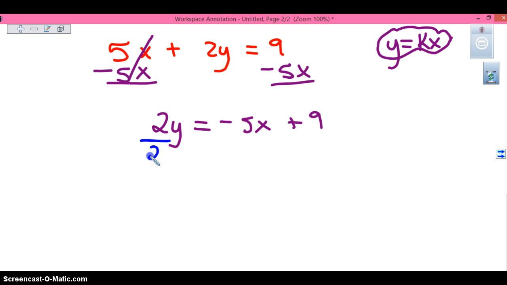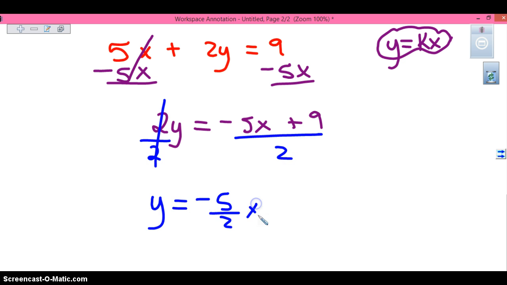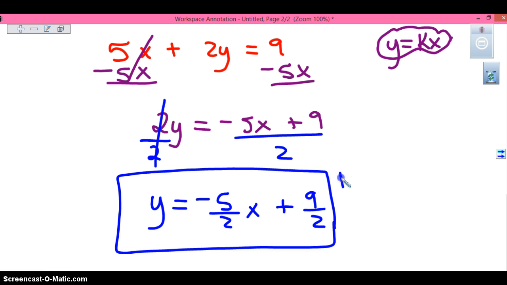And we have to divide by 2. What we do to one side, we do to the other. Y equals negative 5 over 2x plus 9 over 2. Is this a direct variation? No. Because this is not a direct variation, there is no constant of variation.